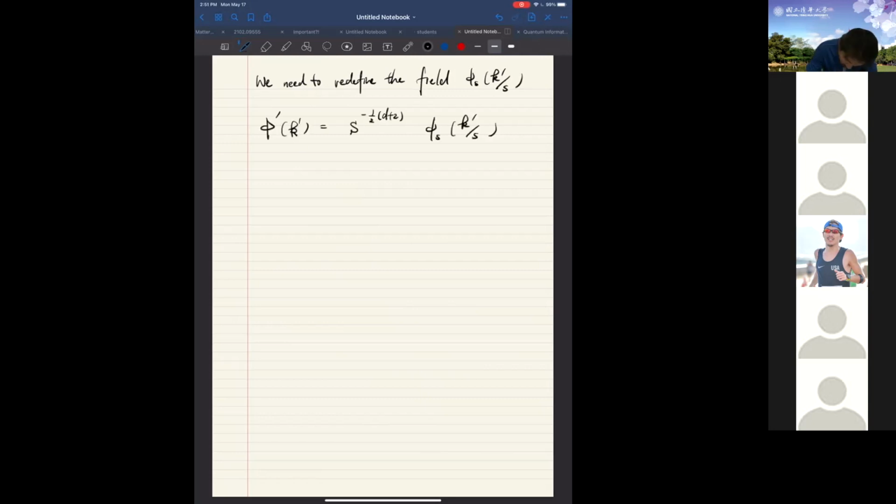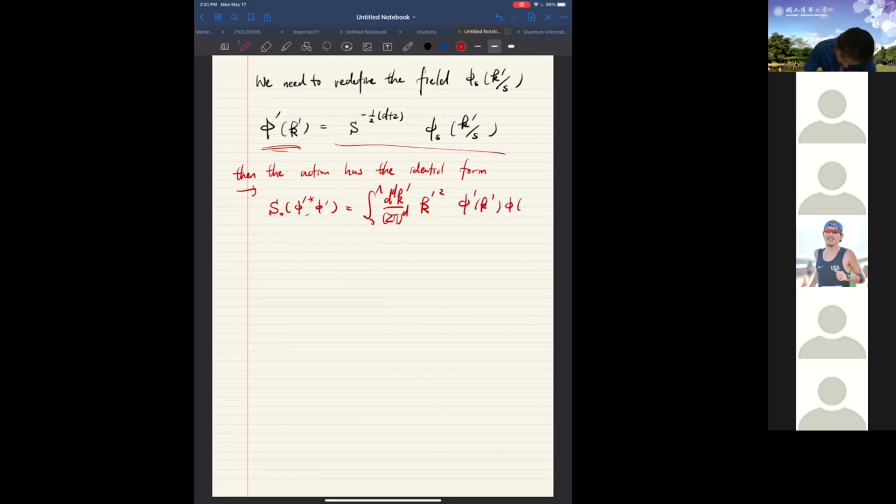So you see, this is the redefined field. Then the action has the identical form, right? Identical form. In terms of the new field, it will be the same as before.